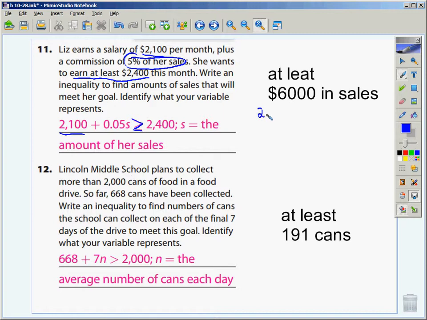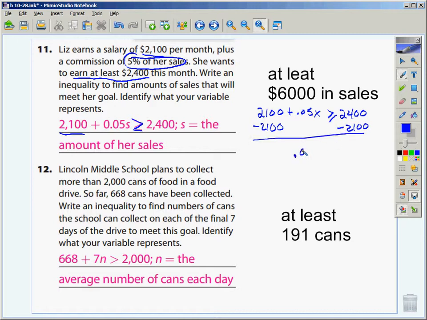When I'm doing this problem, I have 2,100 plus 0.05x, I'm going to use X, greater than or equal to 2,400. I'd subtract 2,100 from both sides.